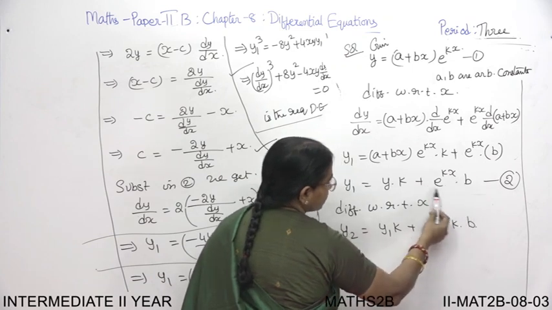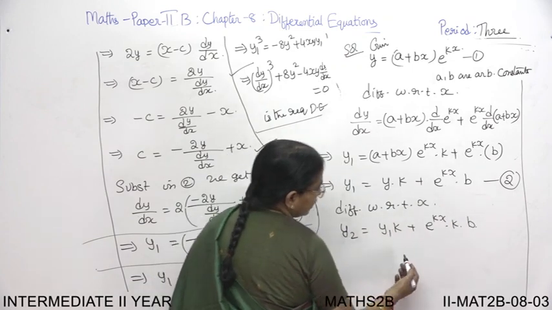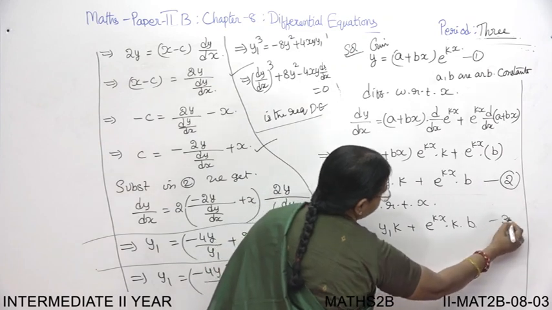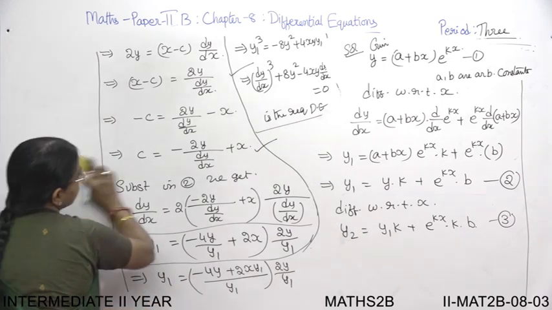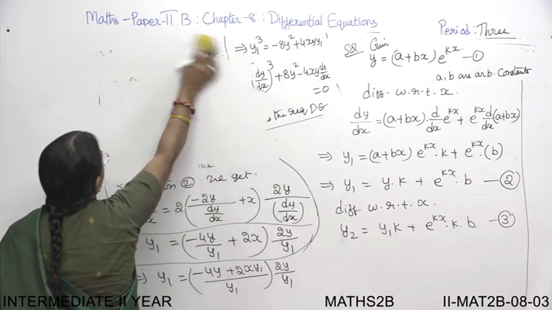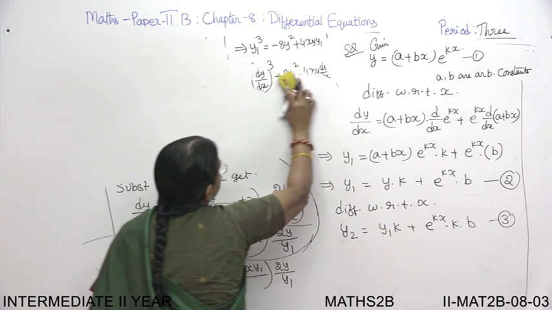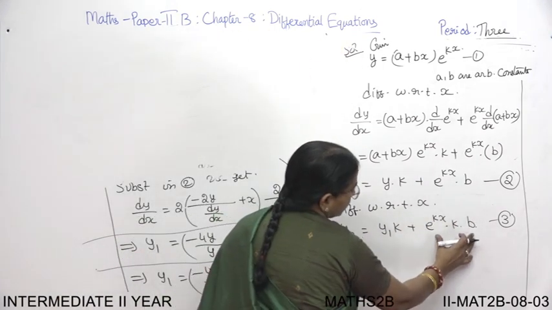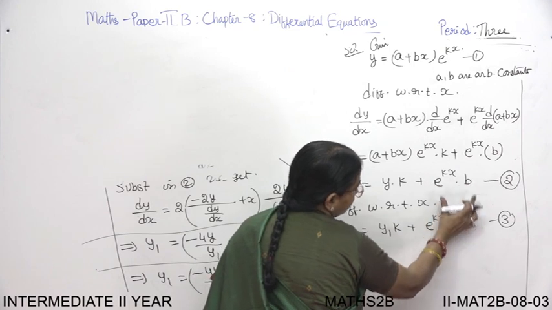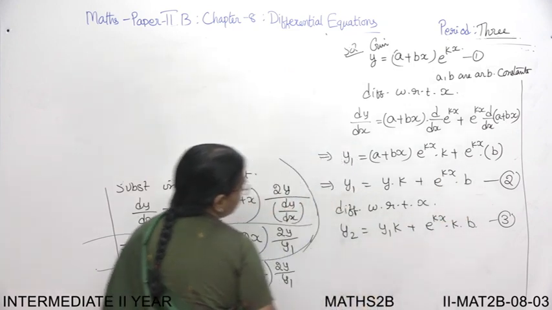That value we will substitute, and then it gets eliminated. So this is 3. Now from equation 2, or you can use 3 also, either from the second equation or third equation you find out this value. This you substitute here. Okay.